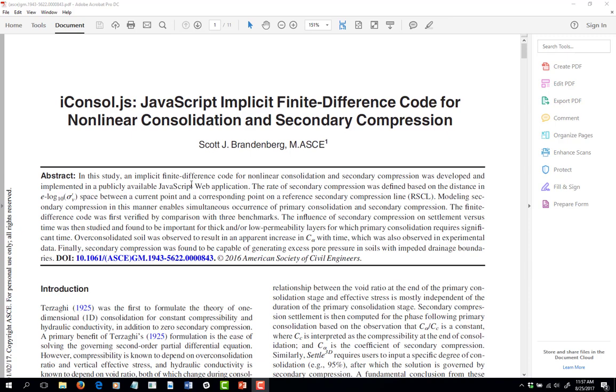And so I'd like to walk you through some of the thinking that went into this particular approach to handling secondary compression, which is different from the way that secondary compression is typically handled in a settlement analysis.